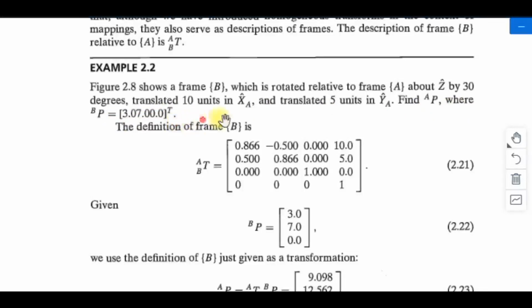So look at the translate. This is the translation vector, a translation part.